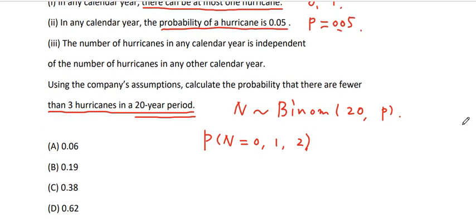So we just use the formula. N equals 0 is p happens 0 times, so not happening, 0.95, 20 times.